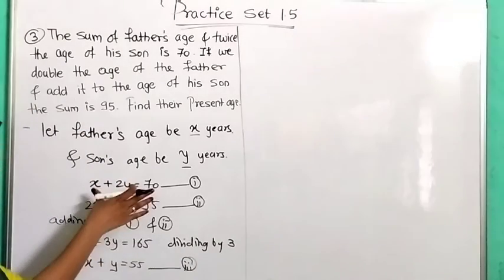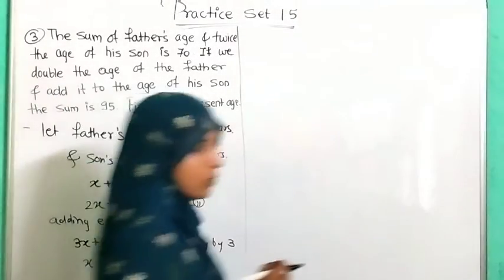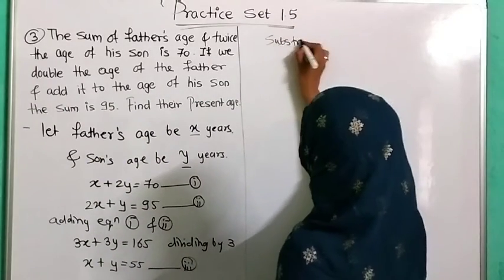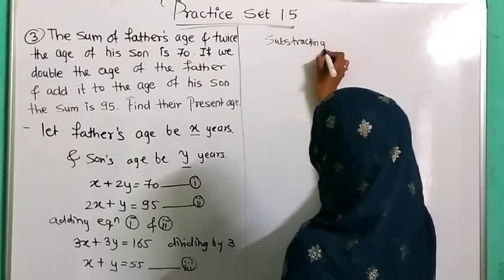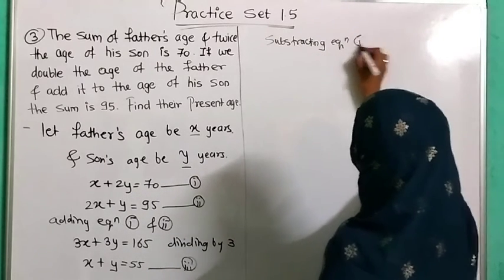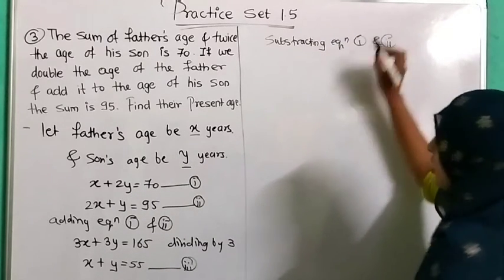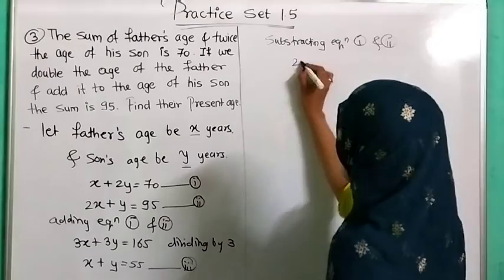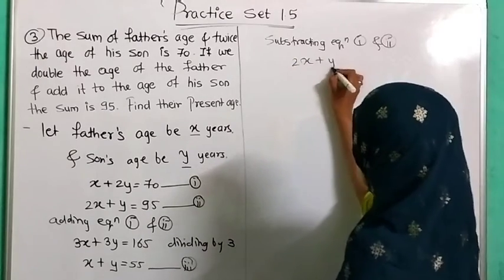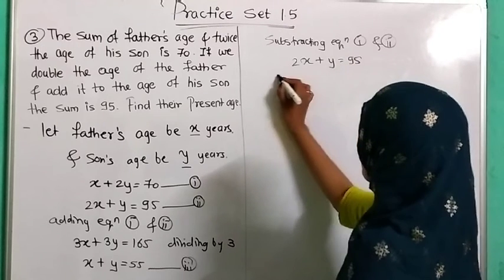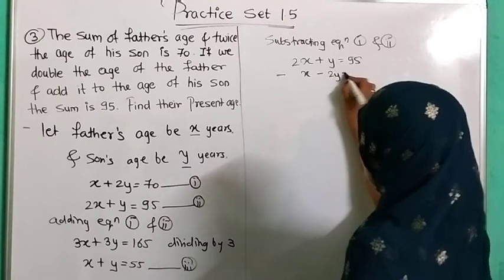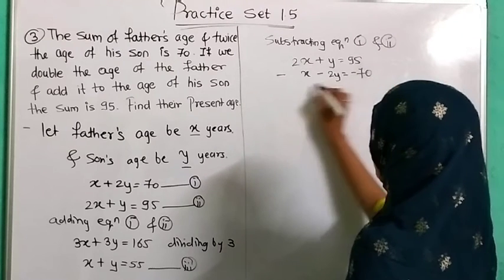Now what we are going to do? We are going to subtract both the equations. Subtracting equation 1 and equation number 2. If we subtract equation 1 and 2, what do we get? 2x plus y is equals to 95, minus x plus 2y is equals to 70.